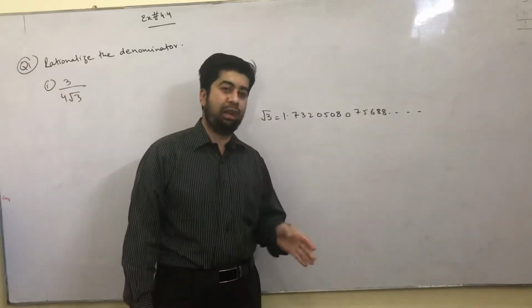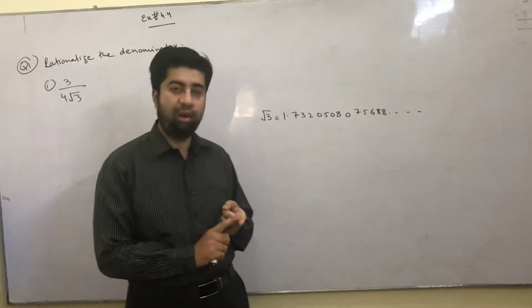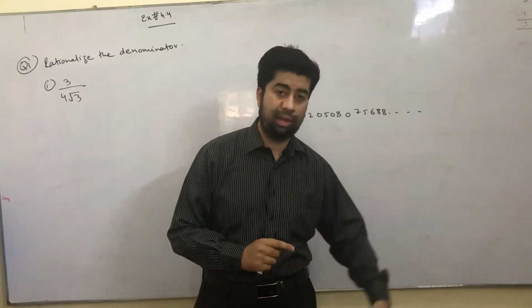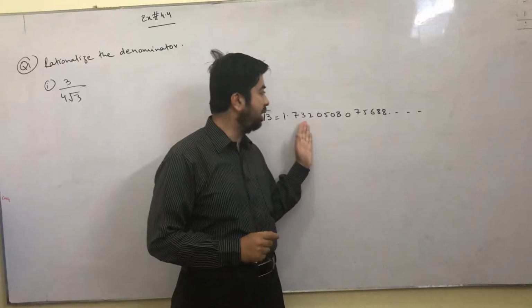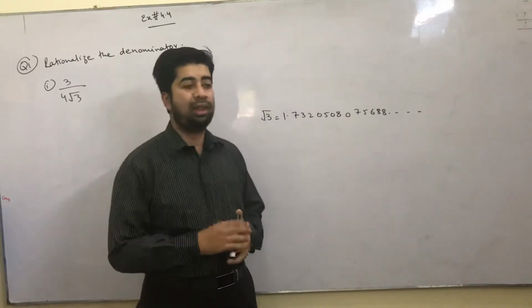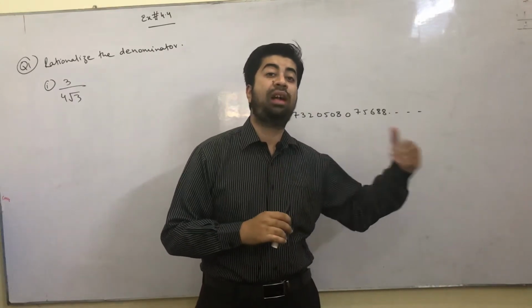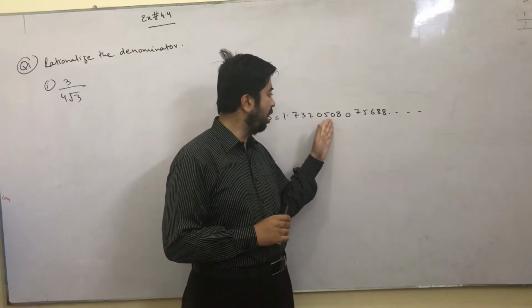See that an irrational number must be a non-terminating and non-recurring number. It contains a non-terminating and non-recurring decimal part. After the point, is there any recurring situation? Recurring means specific numbers are repeated again and again. See 7, then 3, then 2, then 0, then 5, then 0, then 8.